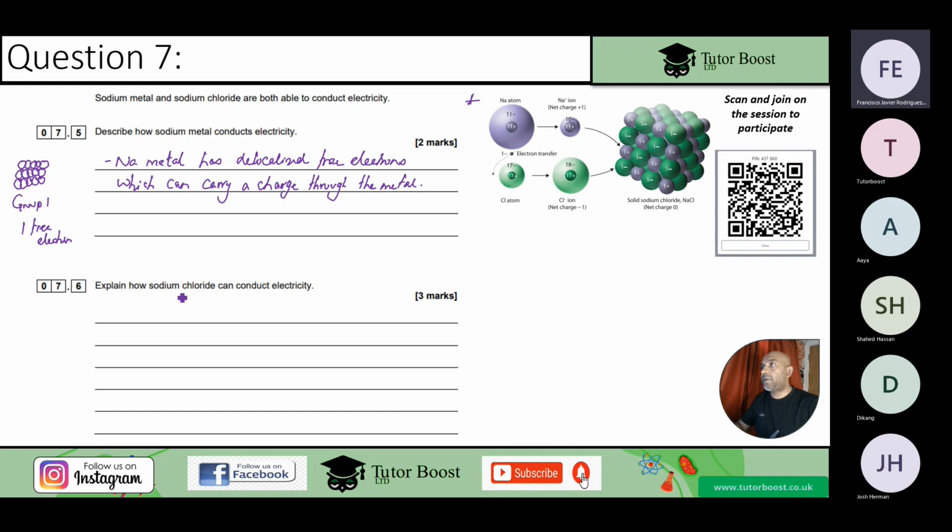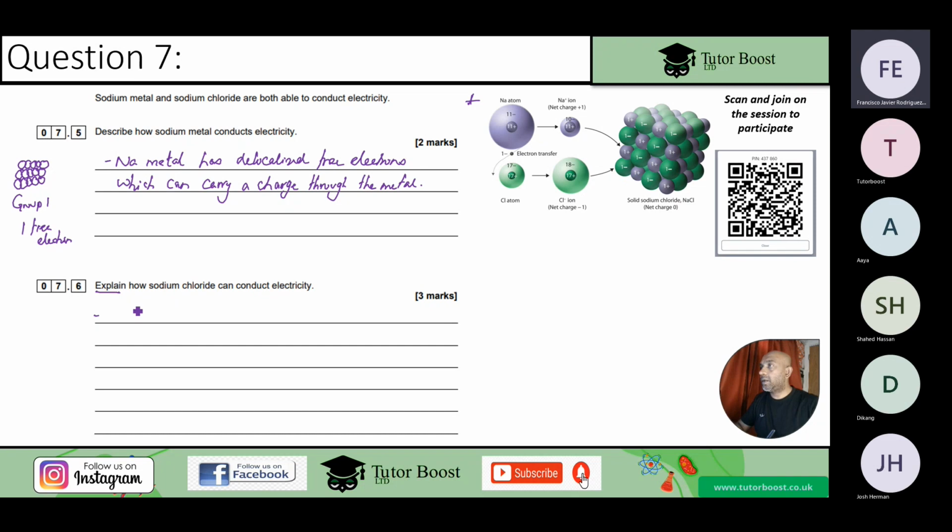7.6. Explain how sodium chloride can conduct electricity. Sodium chloride has a very robust structure and it has sodium and chloride ions. If it's in a solid state, it's not going to conduct any electricity. Hence, I've given you the diagram for this.